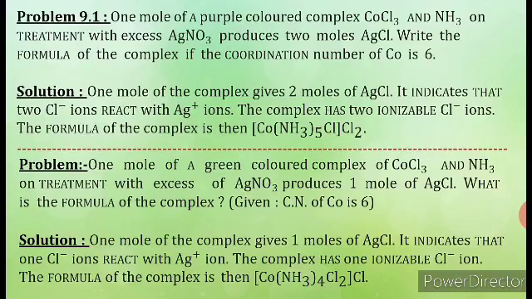Is it clear? Now the next topic which we have to discuss is the classification of complexes. See, one more thing I would like to tell you: when we discussed the coordination number, I told you that the most common coordination numbers are 4 and 6.